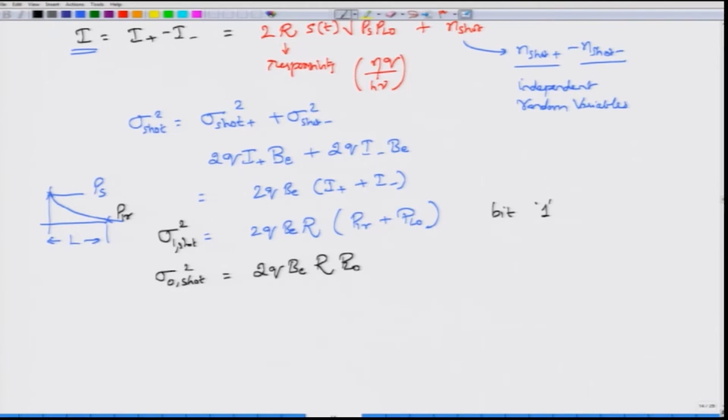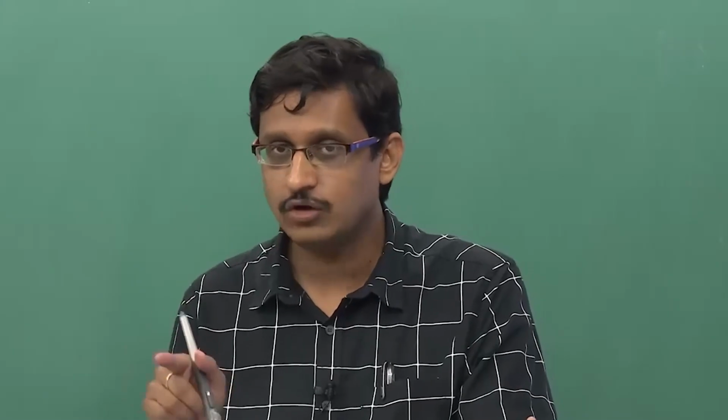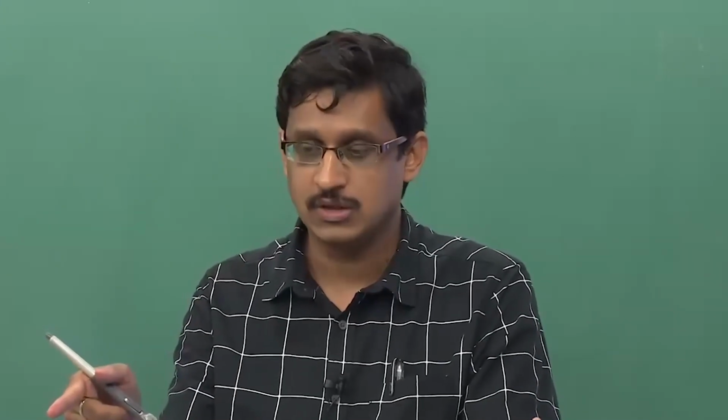This is kind of the primary difference between what you are going to get for bit 0 and bit 1. The shot noise for bit 1 will include P1R plus PLO, that would be the total mean optical power that you receive when you transmit bit 1, whereas when you transmit bit 0 there is no power to receive. However, the local oscillator which is sitting at the receiver is going to contribute to the total shot noise.